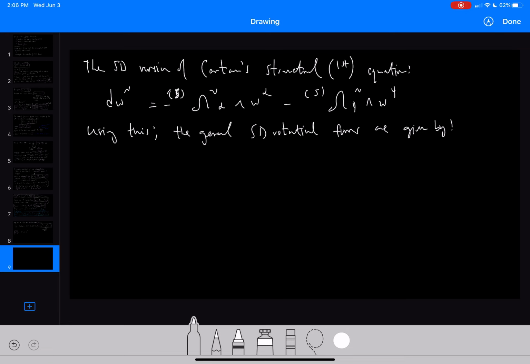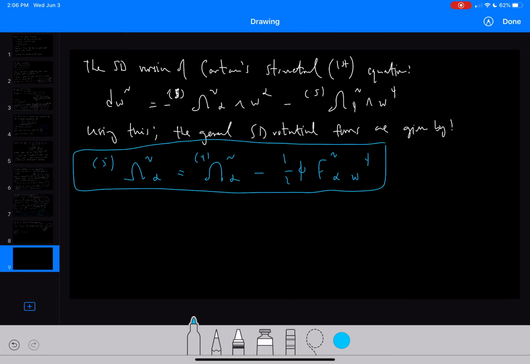Just do some equation matching, and you get that this is equal to, so I'll change my color because it's an important thing to write, because we'll make use of it later, omega^mu_alpha is equal to the 4-dimensional version, omega^mu_alpha, minus 1/2 phi, once again a Faraday tensor, which I've written in mixed form because it's useful later on, times W^4. So this is the general 5th dimensional rotational form.